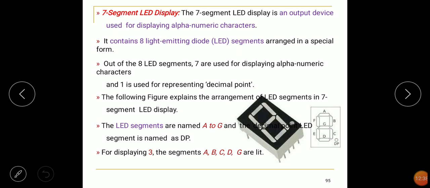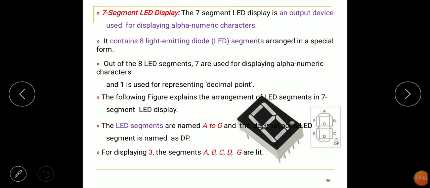Seven of the segments are for displaying the alphanumeric characters, and the 8th LED is for representing the decimal point. The following figure explains the arrangement of LED segments in a 7-segment LED display.